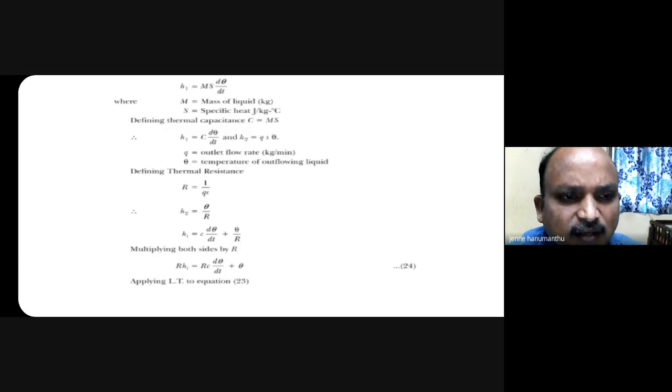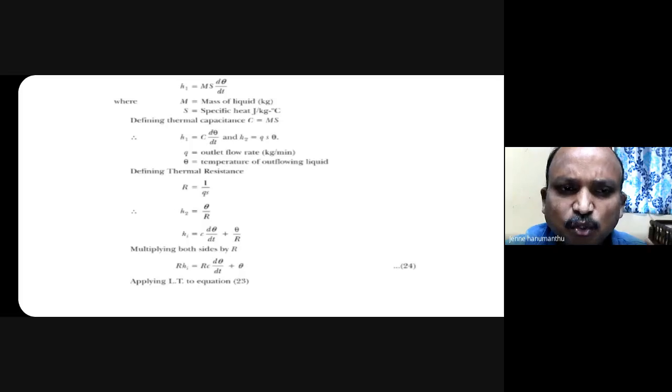Now we can define thermal capacitance C. Yesterday we discussed that the liquid system will give us two parameters, resistance and capacitance.